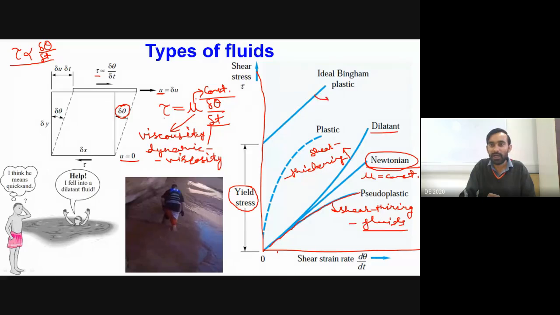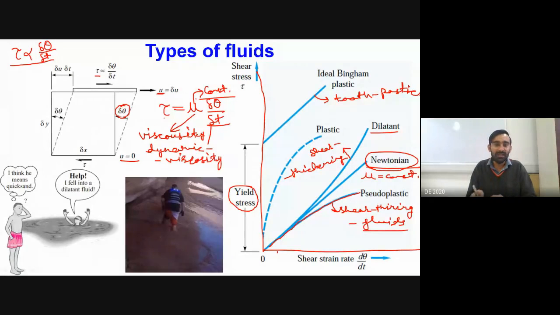Toothpaste is a typical example of an ideal Bingham plastic fluid. For example, when we take toothpaste out of the tube, we need to press. So we are providing some yield stress initially, and because of that it comes out of the tube.